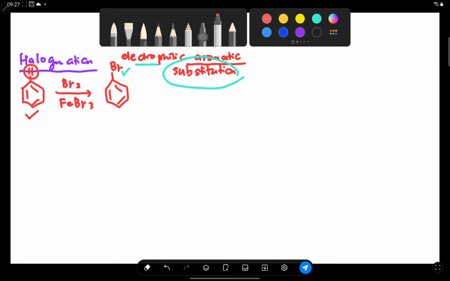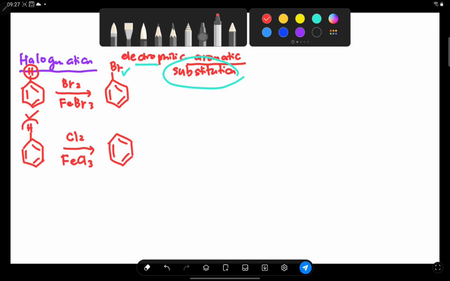Okay. Another example. Again, hydrogen here is substituted by reacting with Cl2 in the presence of FeCl3. So what happened here?